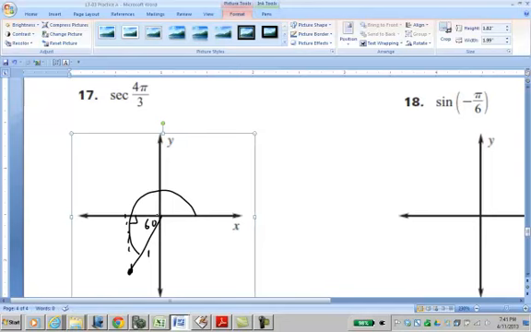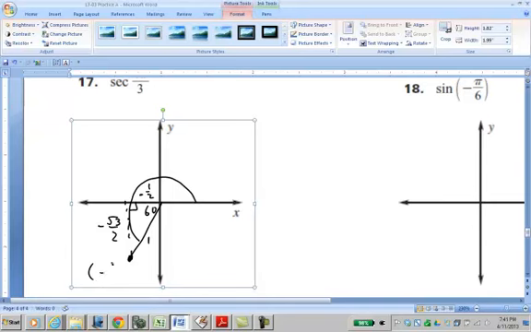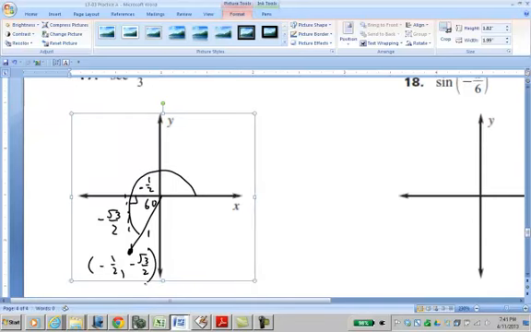So the x-coordinate is -1/2. That's the adjacent side. And the opposite side is -√3 over 2. So the coordinates of this point are -1/2, comma, -√3 over 2.